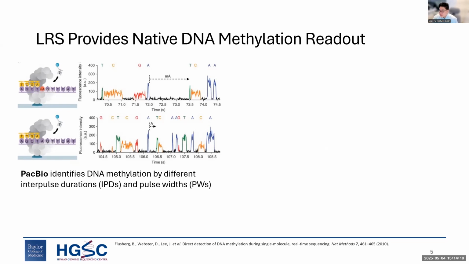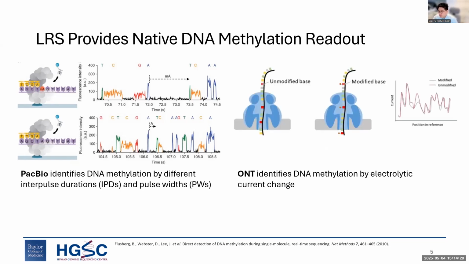More specifically, on the left, PacBio learns the pattern of unique pulse widths and interpulse durations for different kinds of DNA modifications, while ONT on the right identifies electrolytic current changes for the modified bases. Until now, PacBio achieves better accuracy in detecting 6mAs, which is another type of DNA methylation that does not exist in humans, and ONT achieves better accuracy for 5mCs on the human genome.